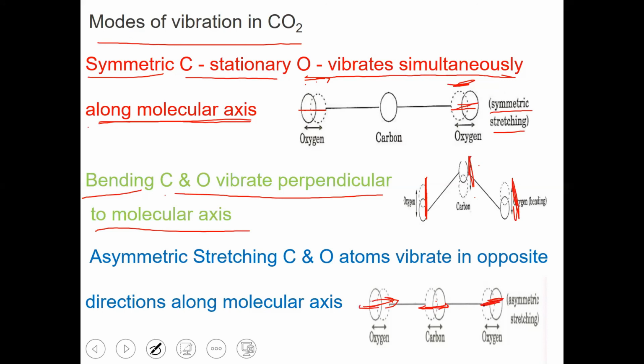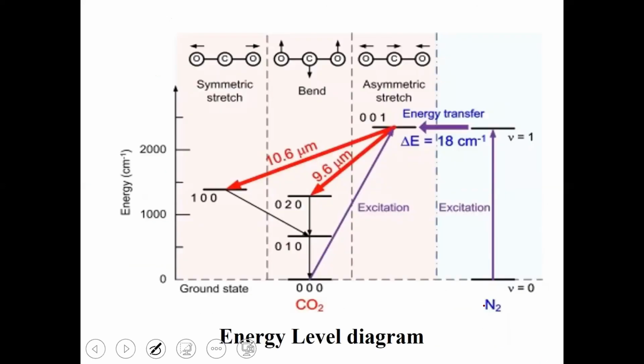Starting from the ground state, first the nitrogen atoms are excited to the excited energy level due to the gas discharge. This energy is transferred to the asymmetric stretch vibrations of the carbon dioxide molecule, the 001 asymmetric stretch mode. From this, you can have a transition.